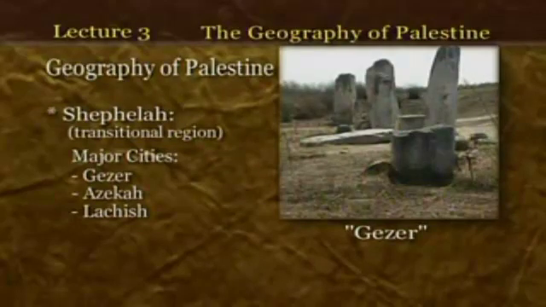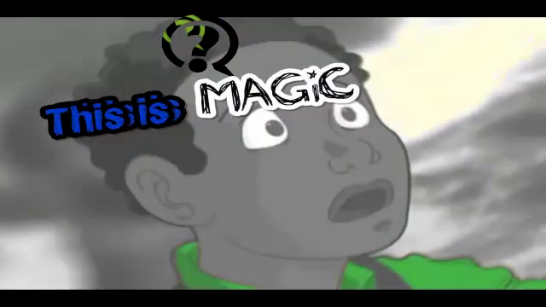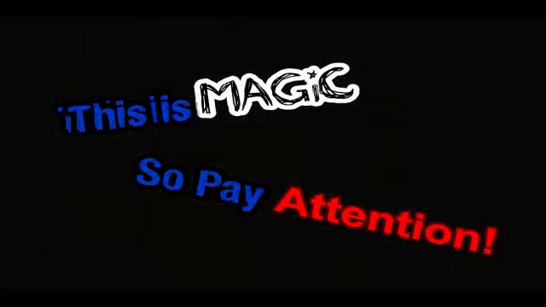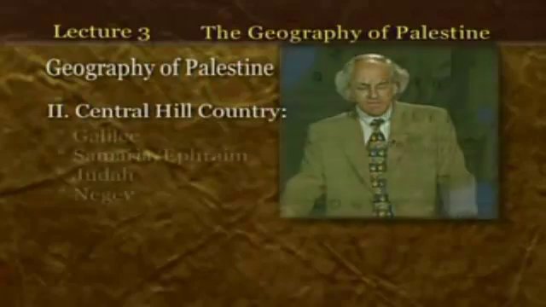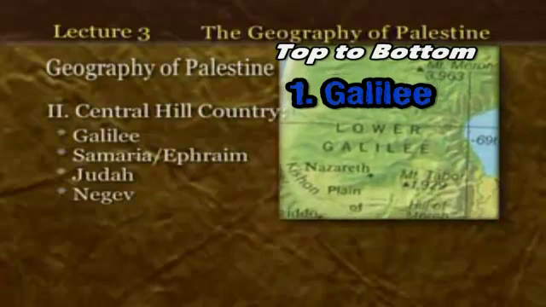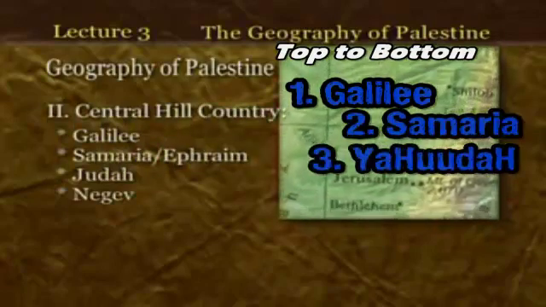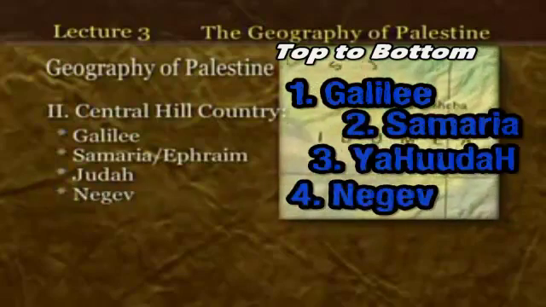Moving further east, inland from the Mediterranean Sea, you hit the Central Hill Country. And the Central Hill Country is divided into 4 units. There is the Galilee, there is Samaria and Ephraim, there is the country of Judah, and then there's the Negev down south.